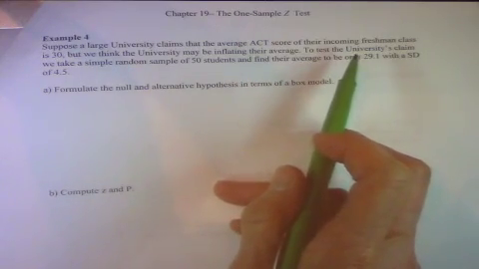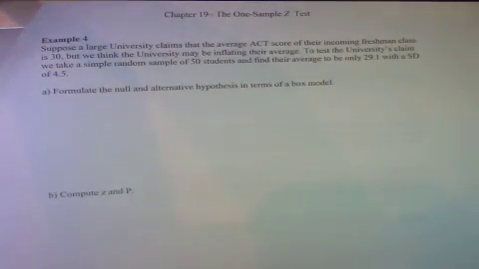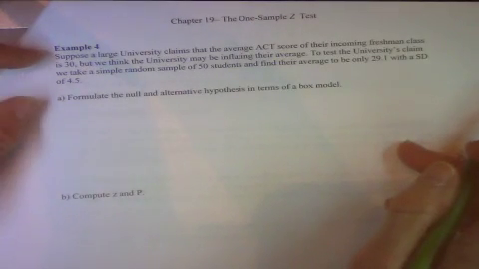We think that it might be lower, but we don't have the resources to sample everyone in the population. So what we're going to do is take a simple random sample from the whole population, okay?